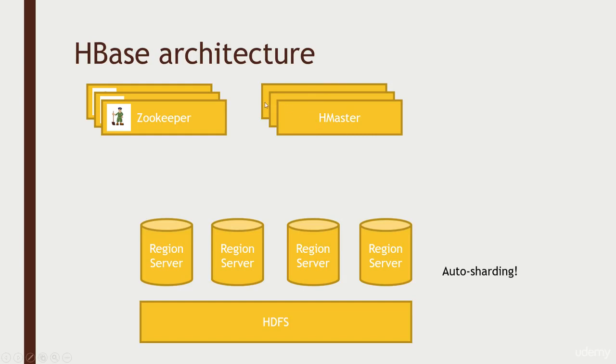And that in turn depends on a technology called Zookeeper that we haven't talked about much yet. But you can kind of think of Zookeeper as a case of who watches the watchers. So it's a highly available system that can keep track of who the current master server is for your HBase instance. And if one master goes down, Zookeeper can keep track of who to go to next and tell everyone about who the master is.